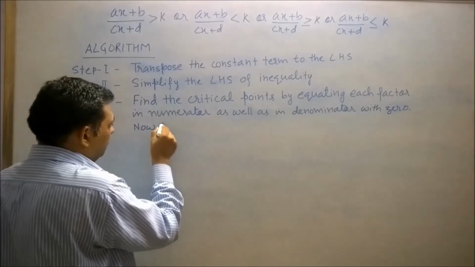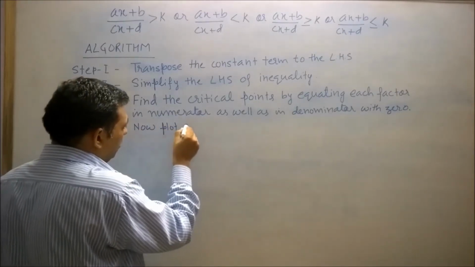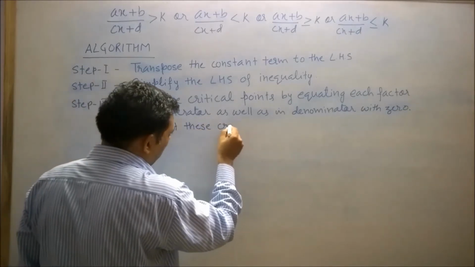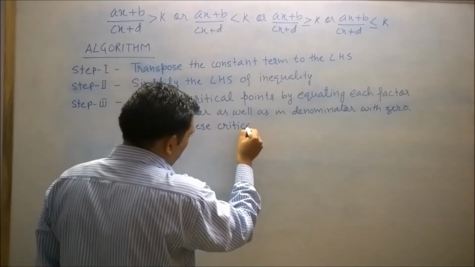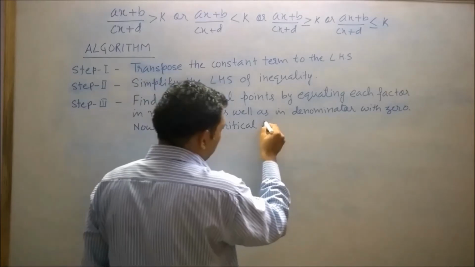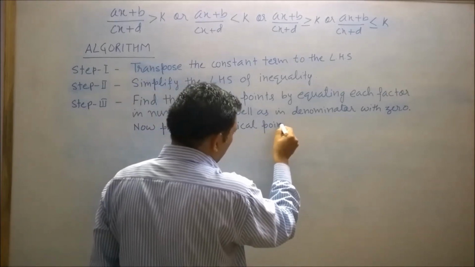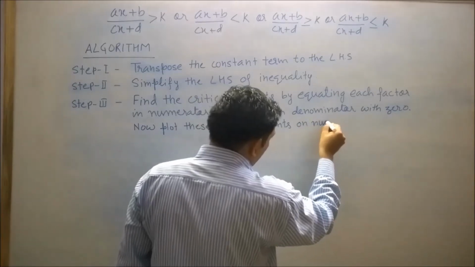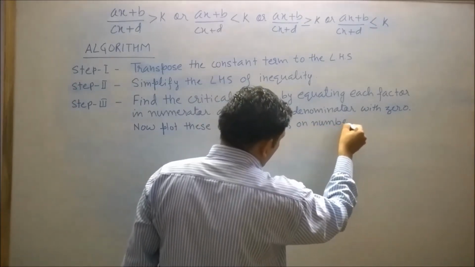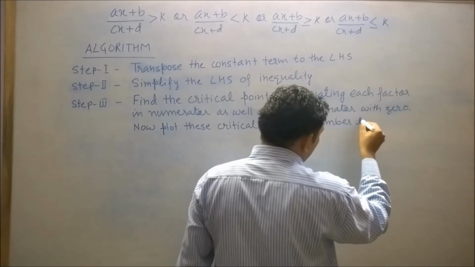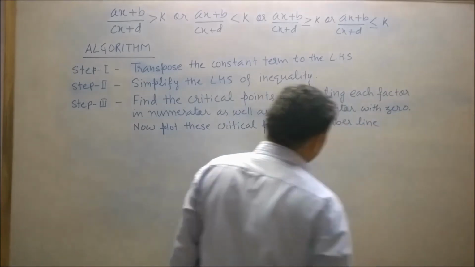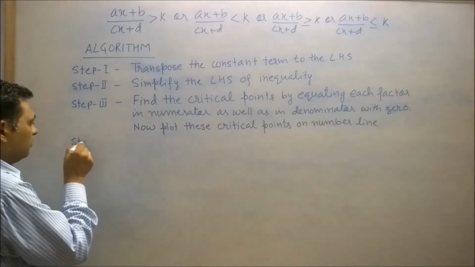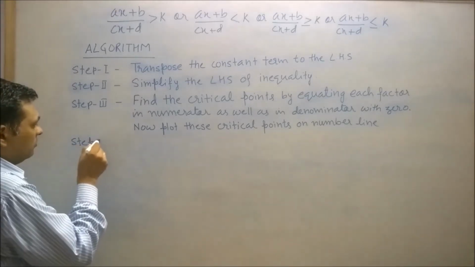Now, plot these critical points on the number line. Step number 4.